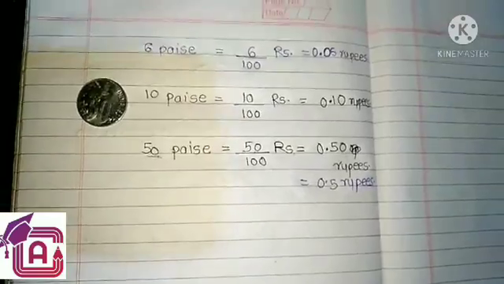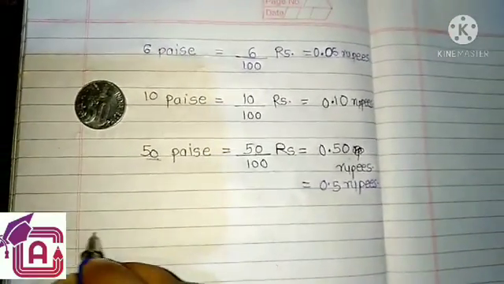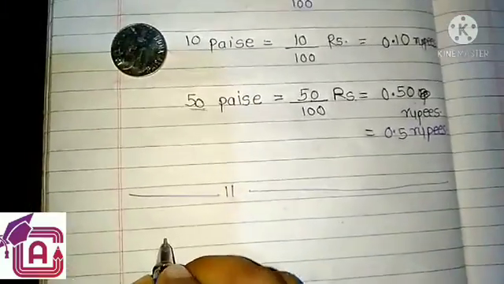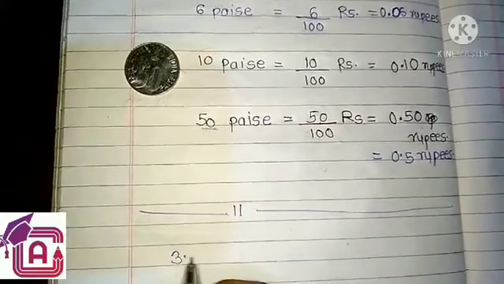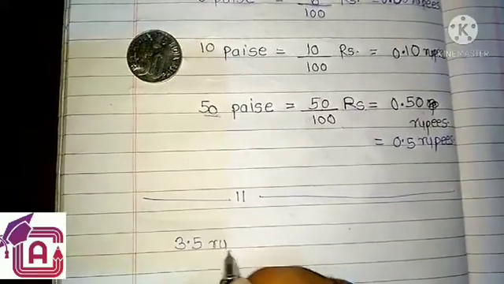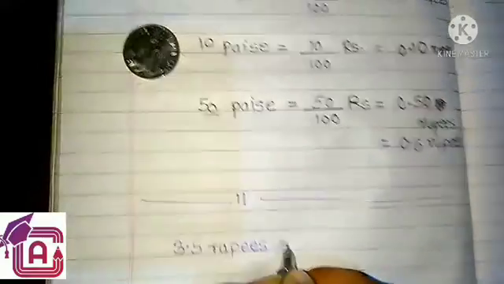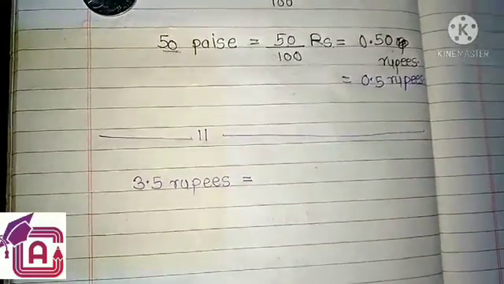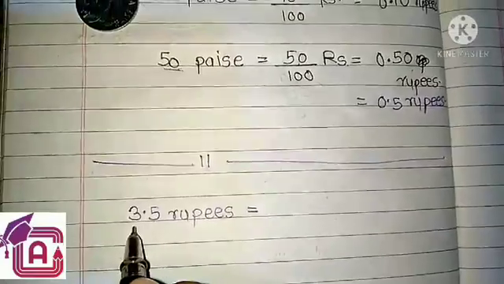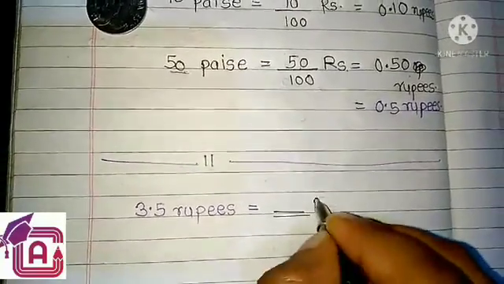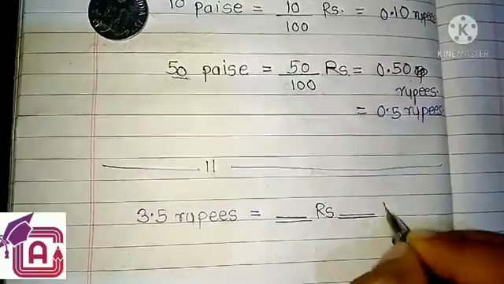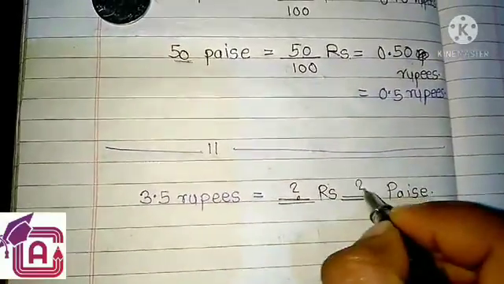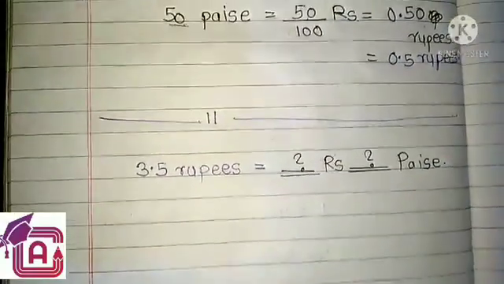Then if an amount like this in point format is given to you, that is 3.5 rupees, in this part we have to identify how many rupees and how many paise are present in the given amount.